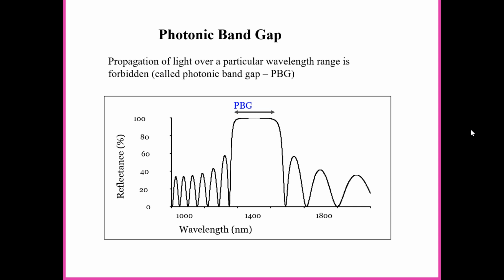Where is the gap? How to tune the gap? When we tune the photonic band gap, we can do wonders in all areas, not only scientific areas, but medical and also defense. By tuning the photonic band gap, we can apply it to so many applications like electronics. When we compare with electronic components, in so many areas photonic crystals have more advantage, because the carrier is the photon, whereas there the carrier is the electron.